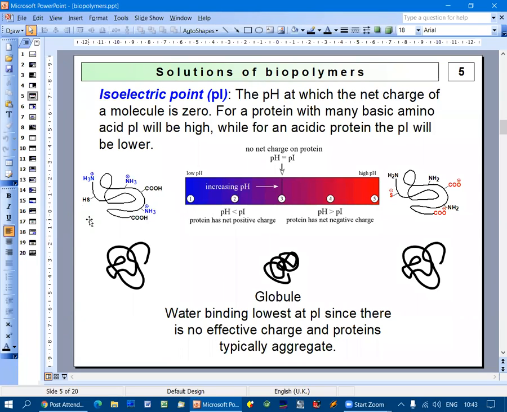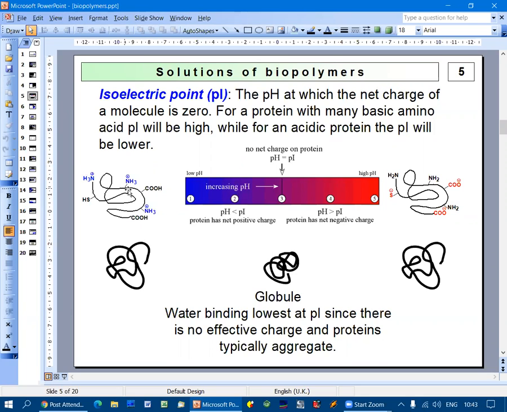But these three states are not the only possible states for a molecule of a protein, because let's take, for example, the cationic form of a molecule, and let's increase the pH value.